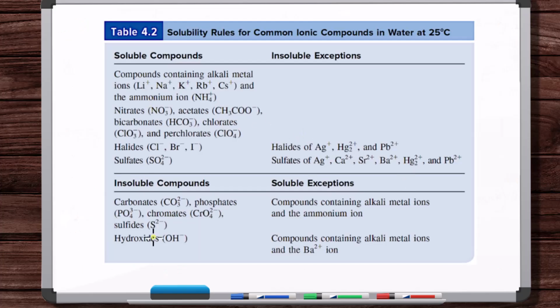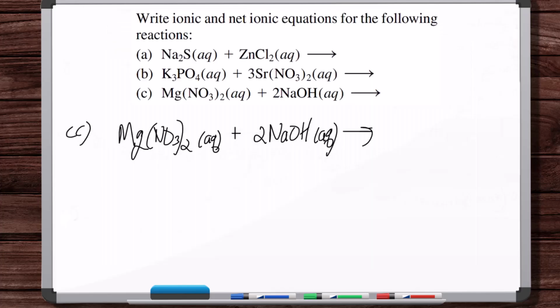Okay, hydroxides are insoluble, but an alkaline earth metal is not an exception except for barium. But barium is not magnesium. So magnesium Mg2+, so an OH-, so this is going to be solid.